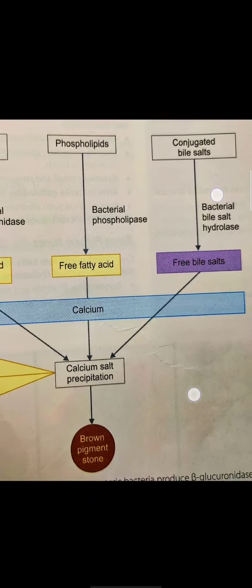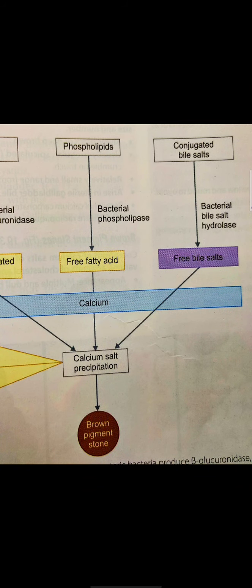These components combine with calcium and form the water-insoluble calcium bilirubinate, and that causes the brown stone formation.